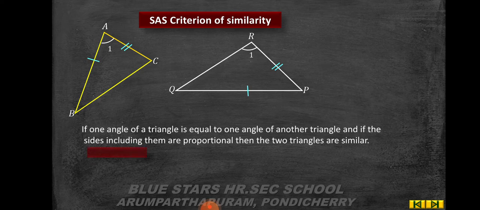If one angle of a triangle is equal to one angle of another triangle, and if the sides including them are proportional, then the two triangles are similar. So angle A is equal to angle P, which is 1. AB by PQ is equal to AC by PR. Therefore, triangle ABC is similar to triangle PQR.